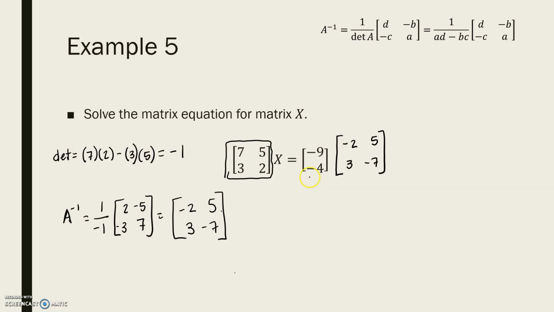And the order matters again, because remember, to multiply them together, we'd have to say, we've got a 2 by 1 and a 2 by 2. So does this work? No. It doesn't work because these inner numbers are not the same, so I have to put the multiplicative inverse in front of that. So I'm going to rewrite the -9, -4 matrix over here.